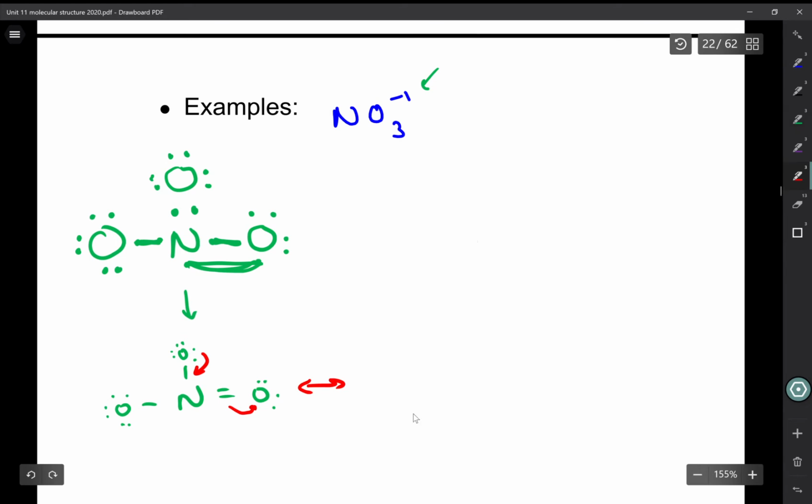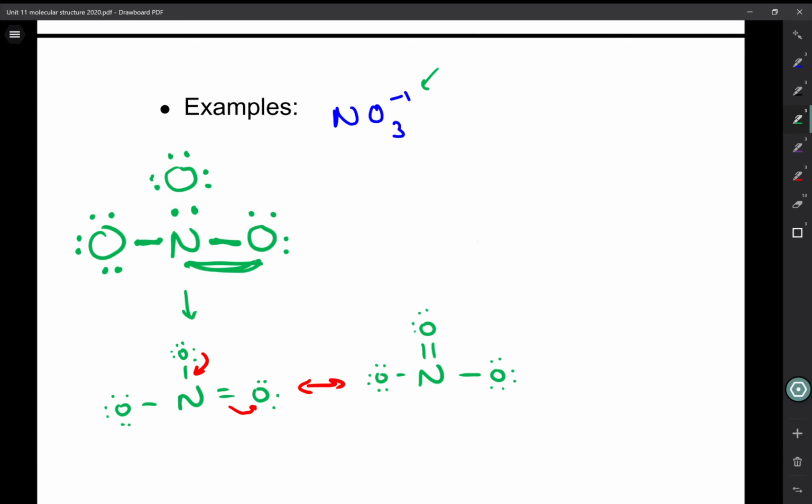So what you have here is, there's your nitrogen, there's your oxygen on the left, looking normal. Now the one on the right lost its double bond, looks like that, and the oxygen on top gave up one of its pairs of electrons, became a double bond. And then there you go. You see they look pretty much exactly the same, but the double bond moved from one to another.